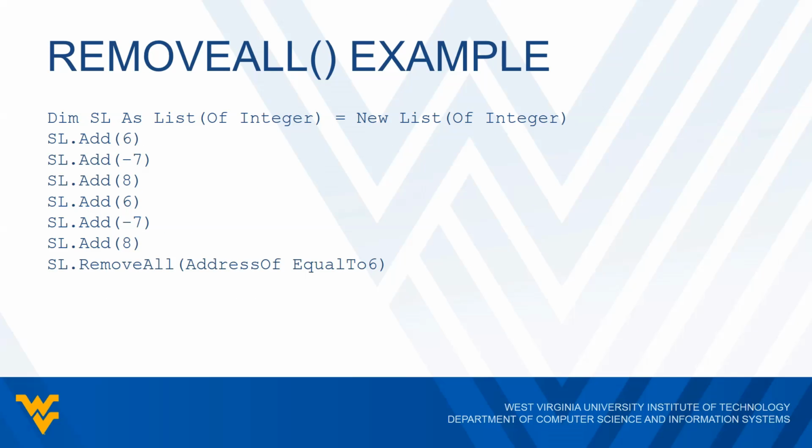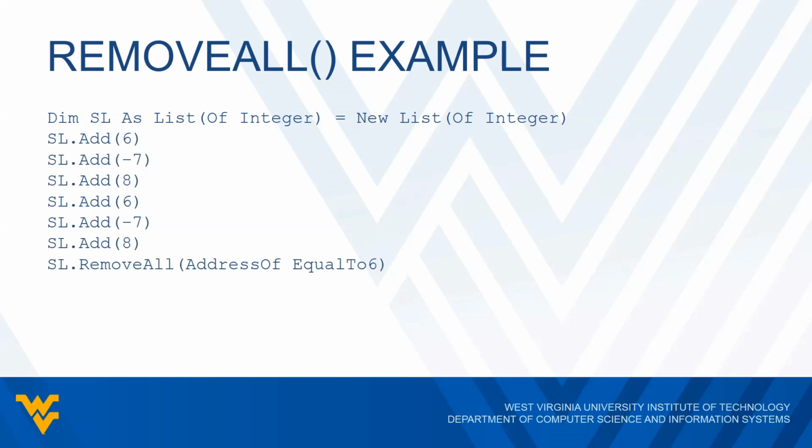Here is an example of using the RemoveAll method with the AddressOf operator. Our first line is we create a list of integers. So we have Dim sl As List(Of Integer) = New List(Of Integer), and we're adding several items here. So we got a 6, -7, an 8, another 6, a -7, and then an 8. And then we call the RemoveAll method.